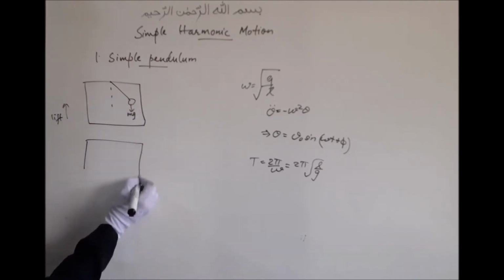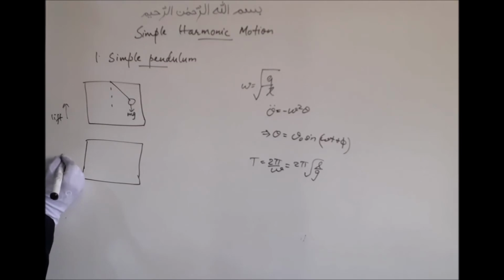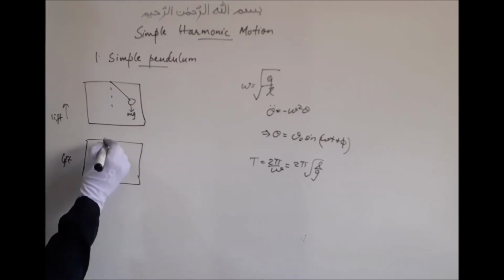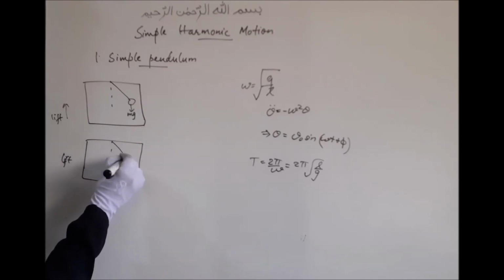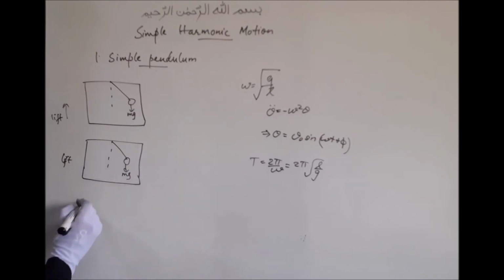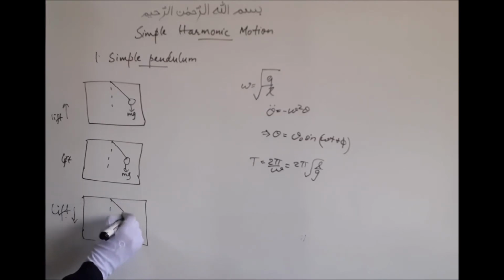Case 2, lift is not moving, lift is stationary. Then what will be the time period? And third case, lift is coming downwards. Then what will be the time period?